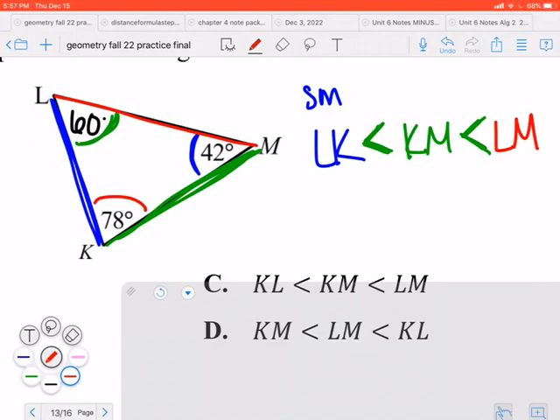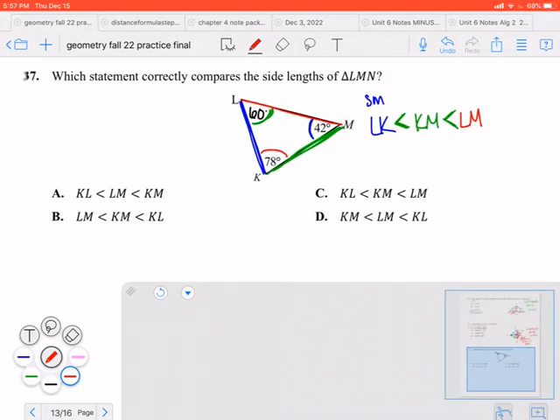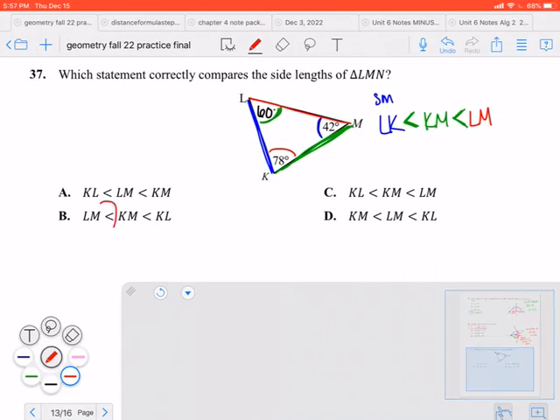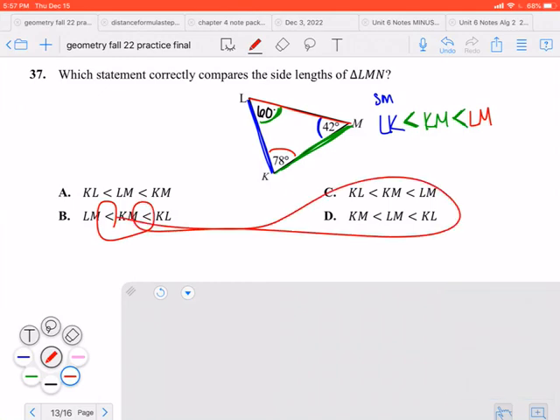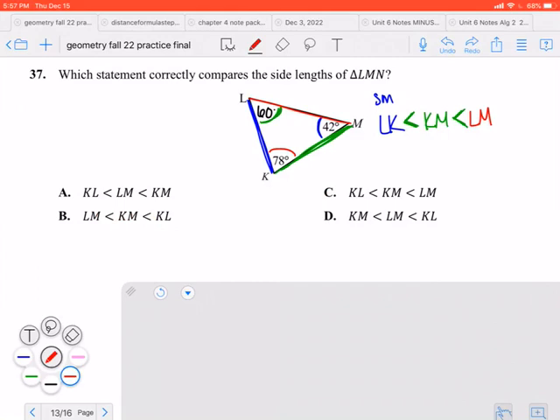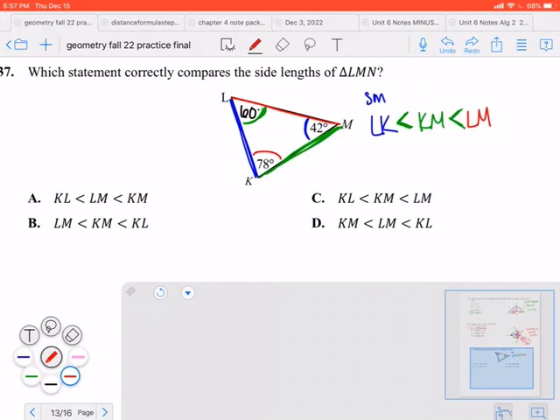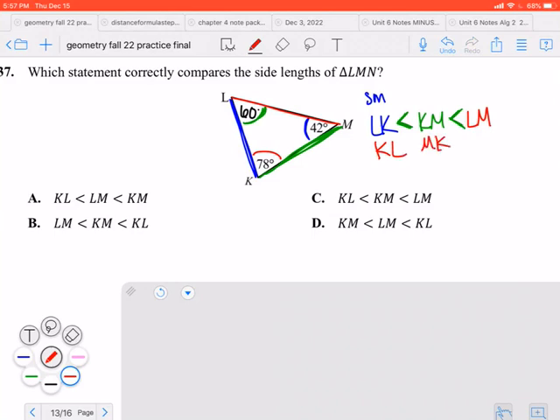Now they have less than symbols on all of them, so we are going from smallest to largest, but I don't know if they put their letters in a different order. LK is the same as KL, KM is the same as MK, and LM would be the same as ML.